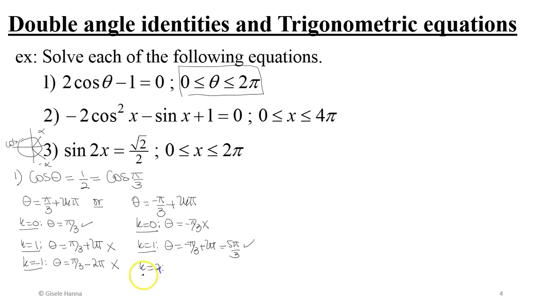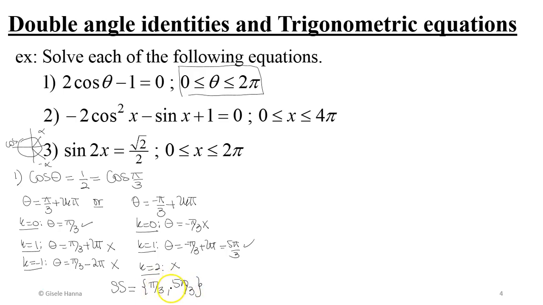While for k equals 2, you're going to be adding 2 pi to this one, so that's obviously greater than 2 pi, so that is rejected, as well as any value of k greater than 2. So the solution set would actually contain, for this domain of theta, pi over 3 and 5 pi over 3.